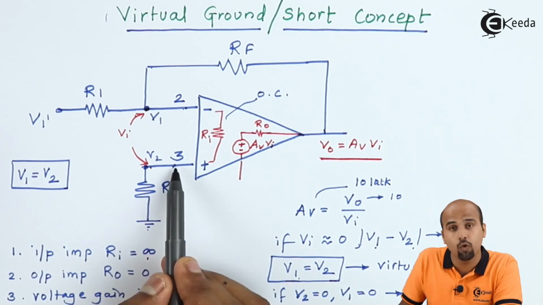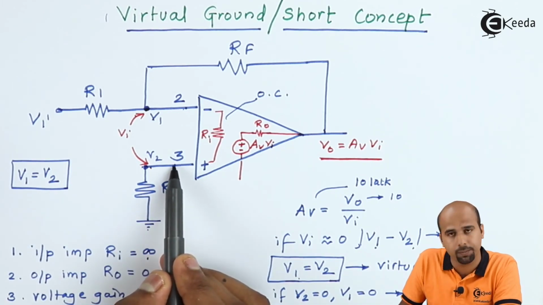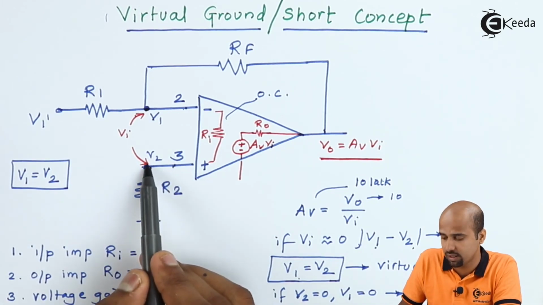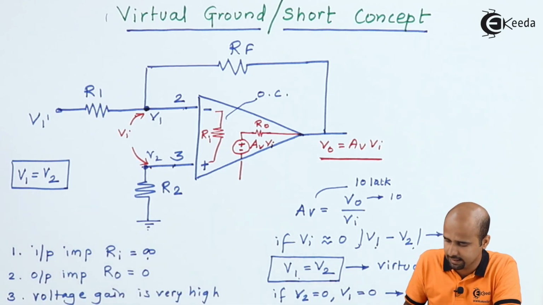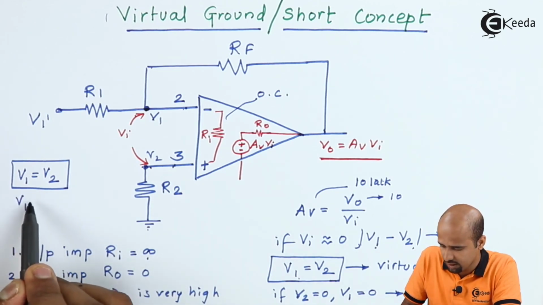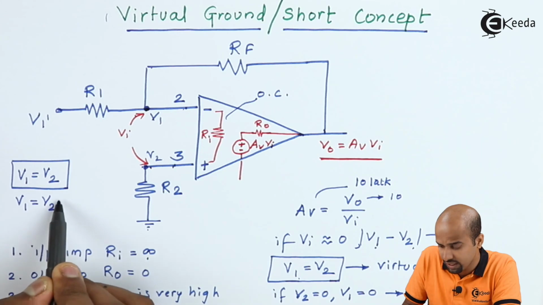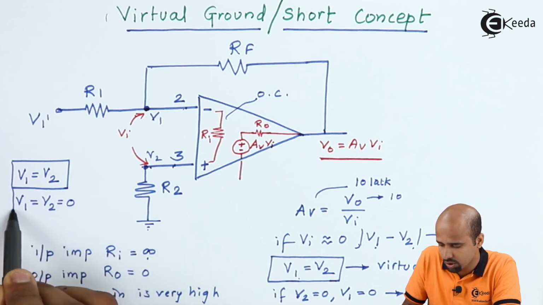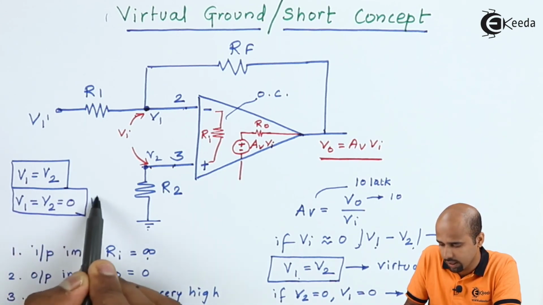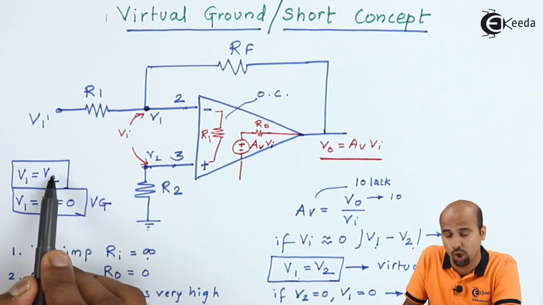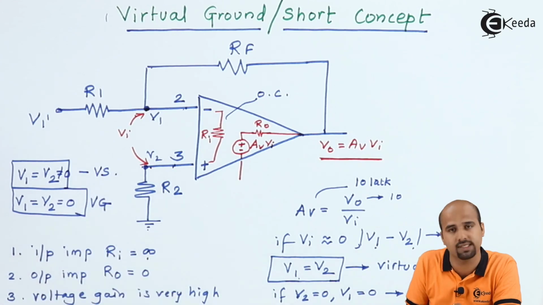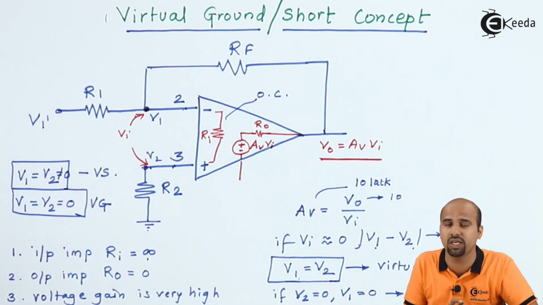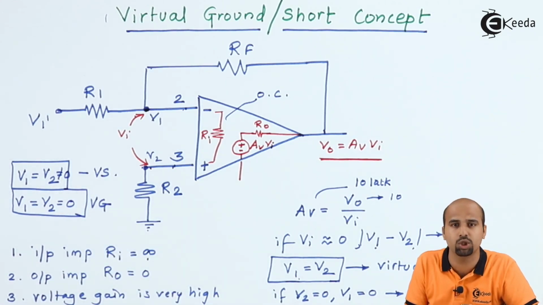And if the voltage at the third pin, that is V2, is connected to ground through any resistance, because current is not flowing in this particular branch, then I can say that V1 is equal to V2 is equal to 0. This is called virtual ground concept. If V2 is not equal to 0, then it is called virtual short concept. So virtual ground is actually a subset of virtual short.